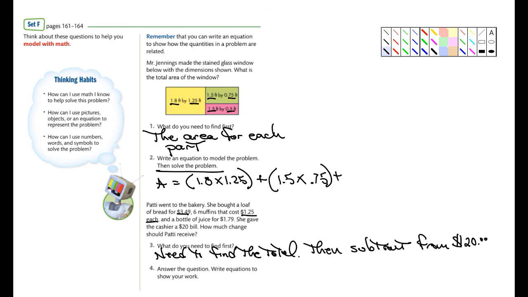Okay? And then it says write equations, show your work. Well, the first part, you could use T for total. Total equals, and so you could just put in parentheses 3.49 plus what? 6 times 1.25 plus, I'll let you figure out the last one. All right, I'm going to end that video.